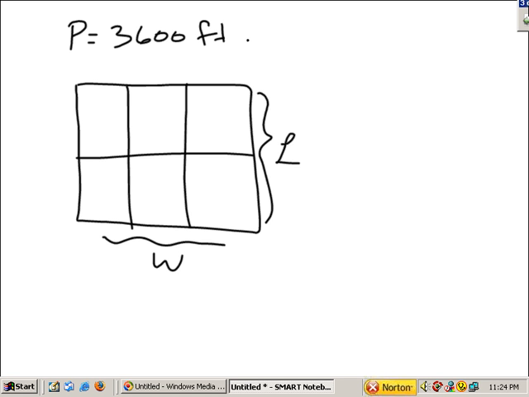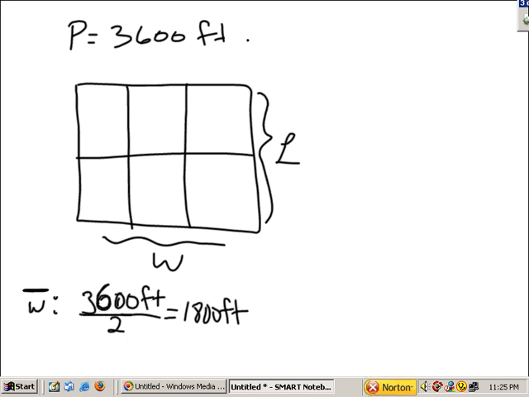Now, what does the width get to use? Well, for the width, you get half the perimeter. 3,600 feet over 2, which is 1,800 feet. You get 1,800 feet to go left and right.